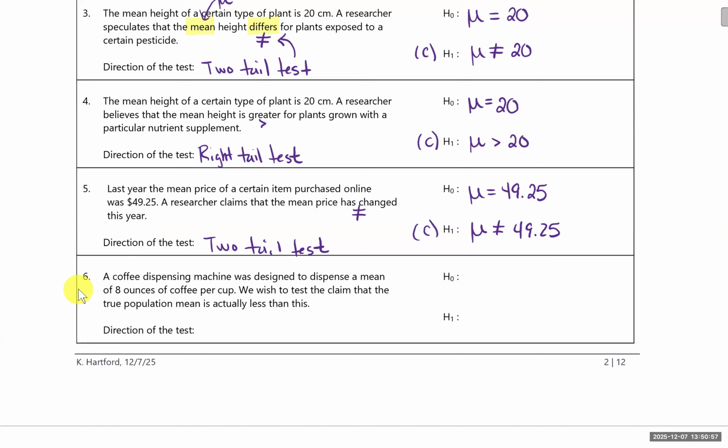A coffee dispensing machine was designed to dispense a mean of 8 ounces of coffee per cup. We wish to test the claim that the true population mean is actually less than this. All right, so the mean. Now I put here true population mean.